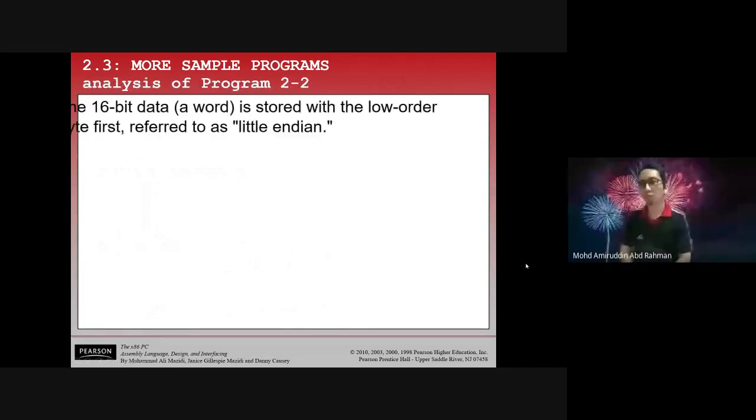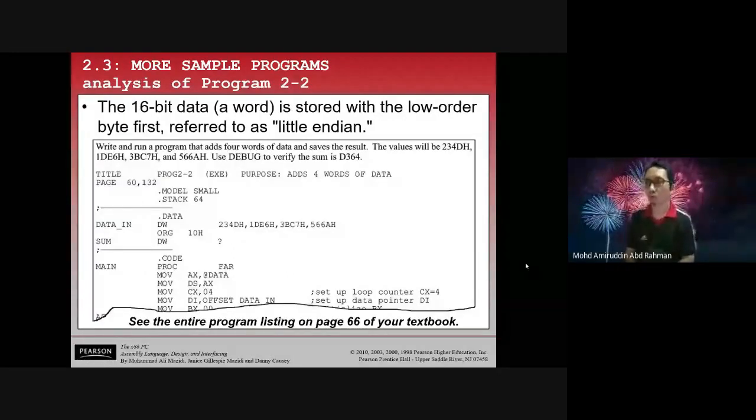Okay, so we also have program 2.2-2 as well. What we need to do here is write and run a program that adds 4 words of data and then save the result. The values will be 234D, 1DE6, 3BC7, 566A. Those are the four words of data that we need to add all of.